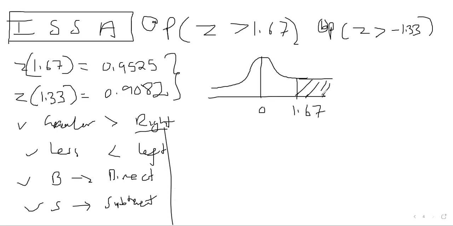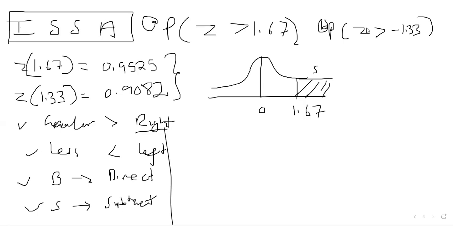Then application: we do not standardize because we're given in terms of Z. Unless it was in terms of X, we would have calculated our own Z. But in this case, we're already given the Z. So illustrate, we have illustrated. Shade, we have shaded. Standardize, it's already in the standard form. Apply. So this shading that we have here, is it a big shading or a small shading? You can check. This is a small shading.